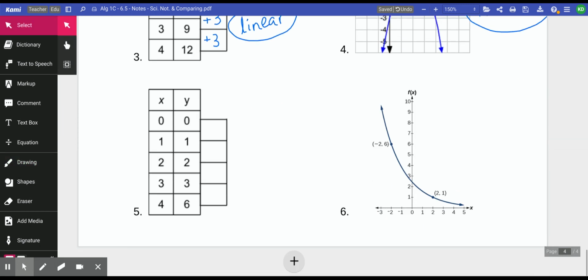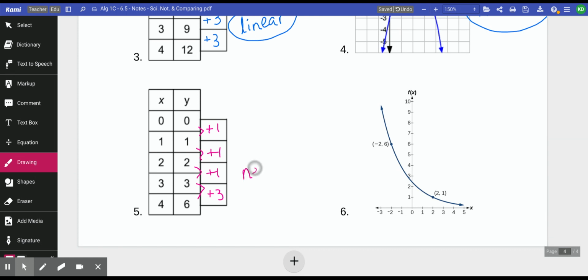Okay, and let's move on to our last 2 here. So let's look at this one. So we got 0, 1, 2, 3. Oh, so I know this one looks like it's adding, right? Because I wouldn't multiply anything by 0 to get 1. But we're adding 1, we're adding 1. Oh, but look, 3 to 6, we're adding 3. So this one's not linear. There's nothing I can multiply by that's going to work here.